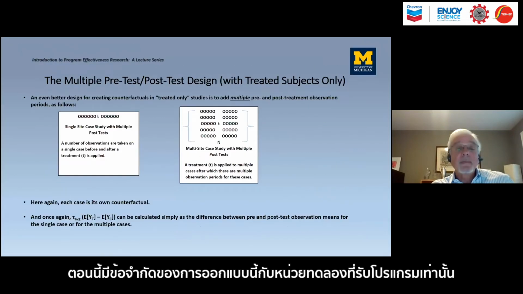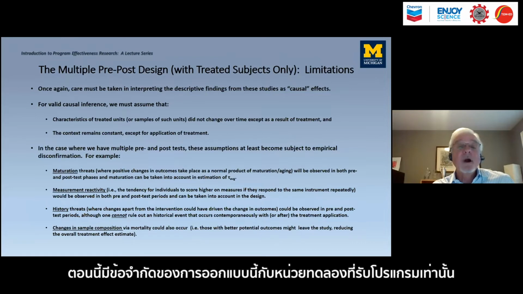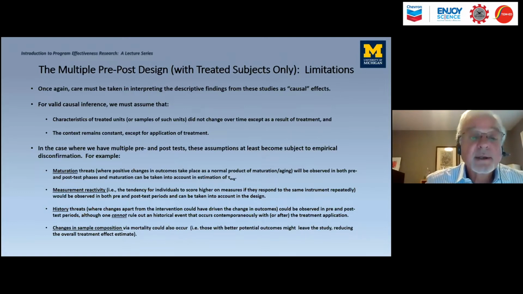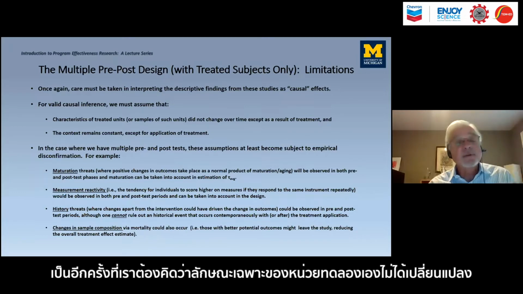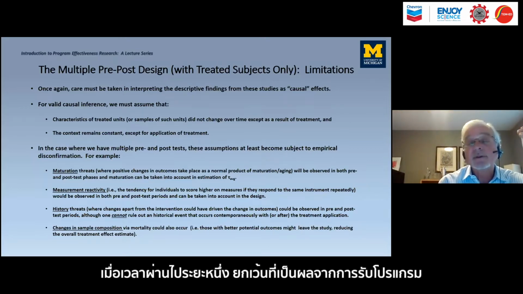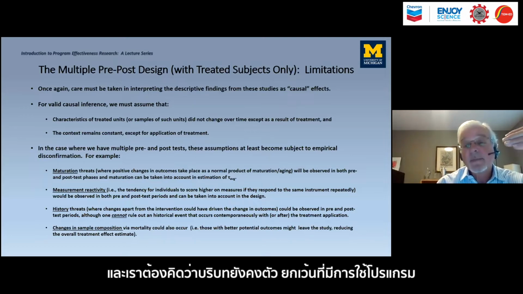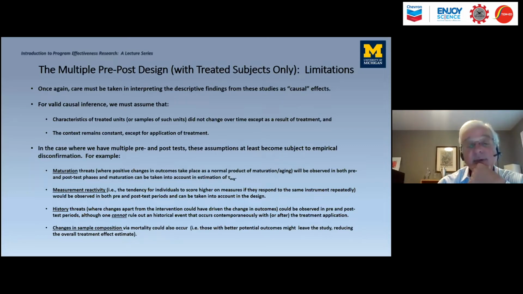Now, there are limitations to this design with treated subjects only. For valid causal inference, we once again have to assume that the characteristics of the units themselves didn't change over time, except as a result of treatment. And we have to assume that the context remains constant, except for the application of treatment.